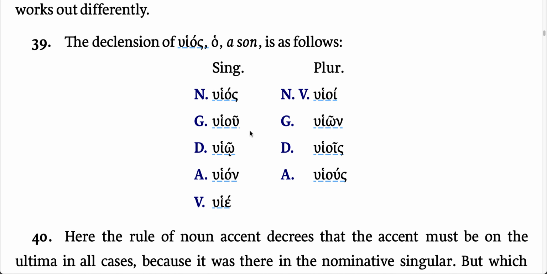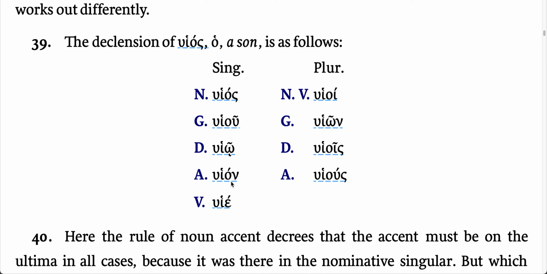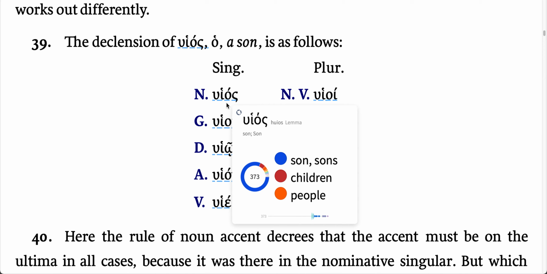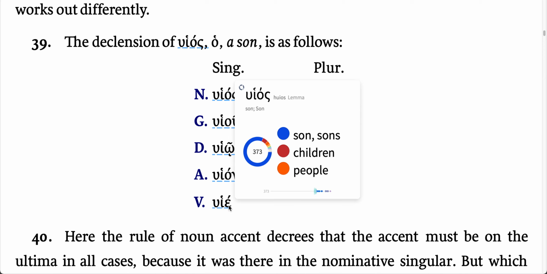You can look through it, but the main point here is that when you look at the declension, the paradigm, that would be a son, of a son, to or for a son, and a son as a direct object. This is son as a subject of the sentence. This is son, like direct address.